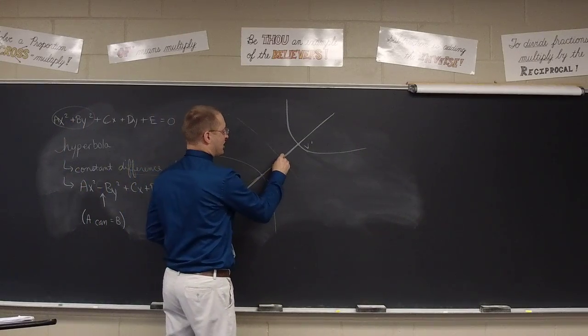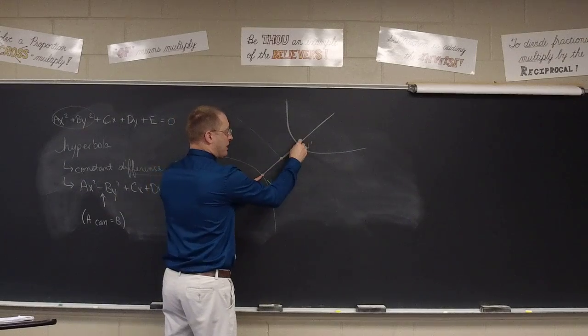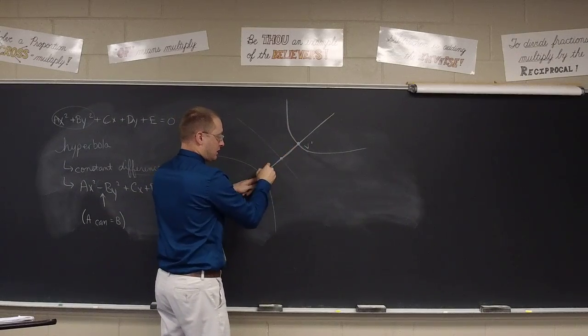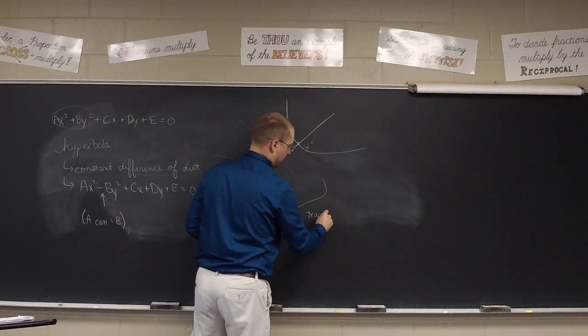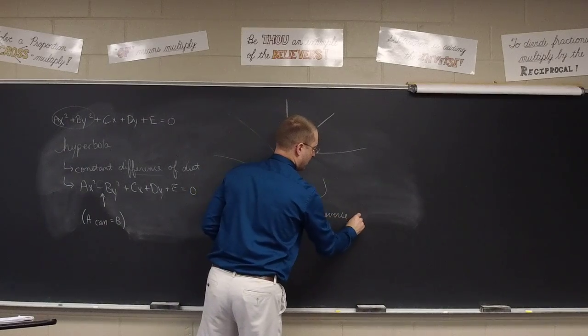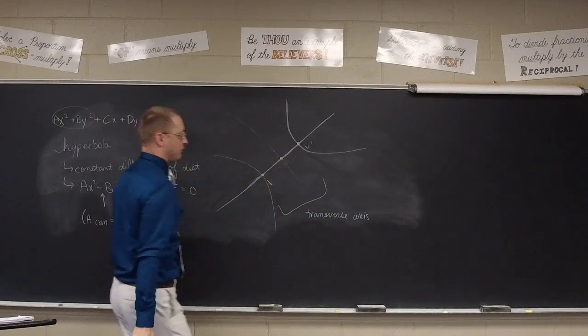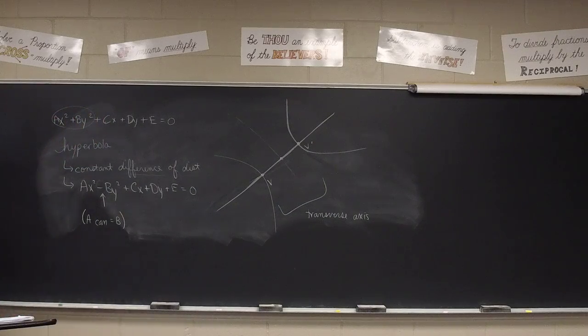If we were to look at just the length between the vertices, this here is called the transverse axis. Now, the whole line is not necessarily the transverse axis.